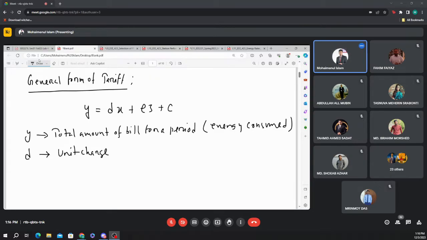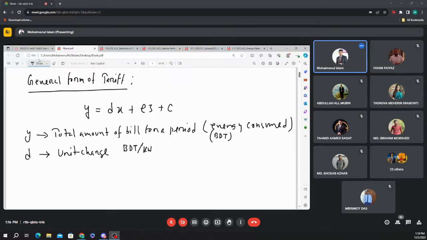Suppose if you consider BDT, the unit should be BDT per kilowatt hour. If you consider maximum demand, then BDT per kilowatt, that is per kilowatt you need to pay. That value is your unit charge, and total amount of bill is in BDT, only taka, maybe 5,000 taka.